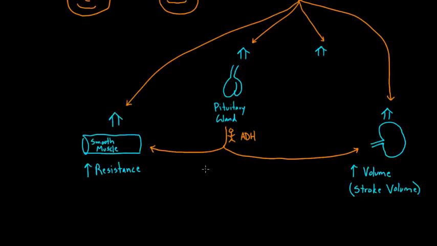ADH, antidiuretic hormone. And that ADH does some of the same stuff at the end of the day that angiotensin II will do, in that it will increase resistance of blood vessels, and it will actually also increase volume by making the kidney hold on to more water. Now, the fourth cell type is going to be the adrenal gland.